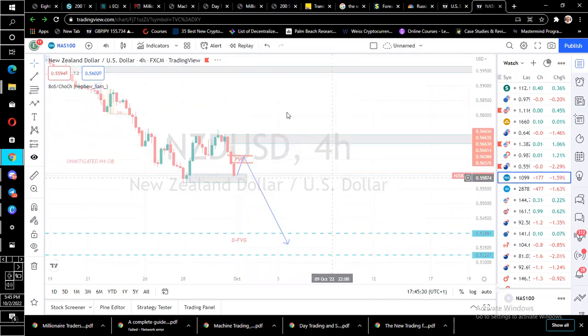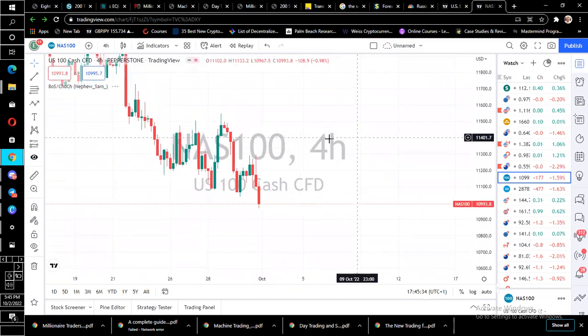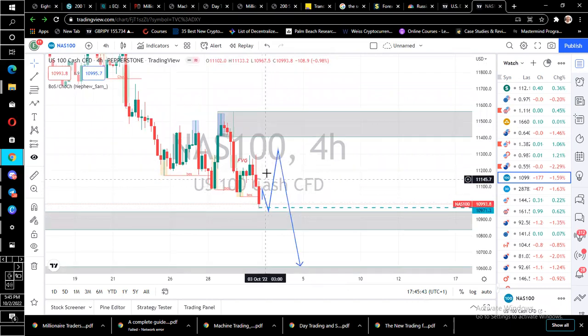For Nasdaq, what I'm expecting to see is that my bias will still be to the downside. So I would like to see them pull back, then take away this liquidity and possibly come back here before going down.